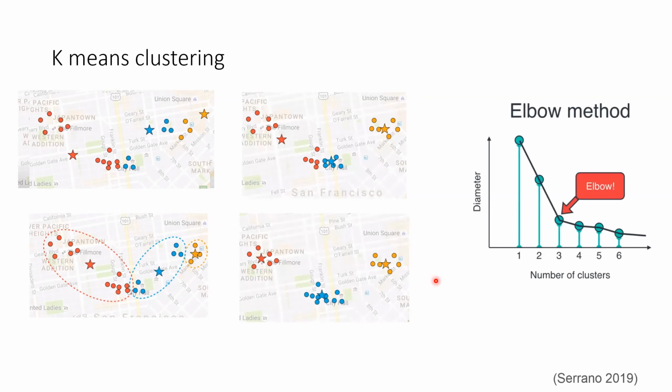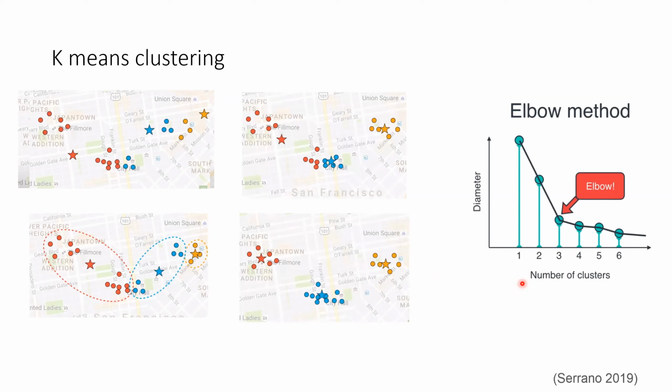So again, how do we know how many groups we have to start with? Because we have to choose. One way this is determined is by repeating this process many times for different numbers of clusters, and then plotting the diameter of each cluster as a function of the number of clusters, which is shown here.